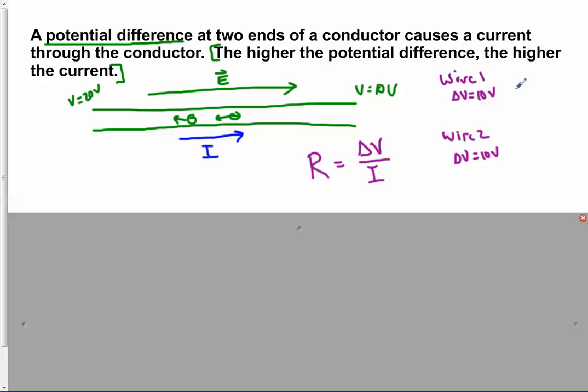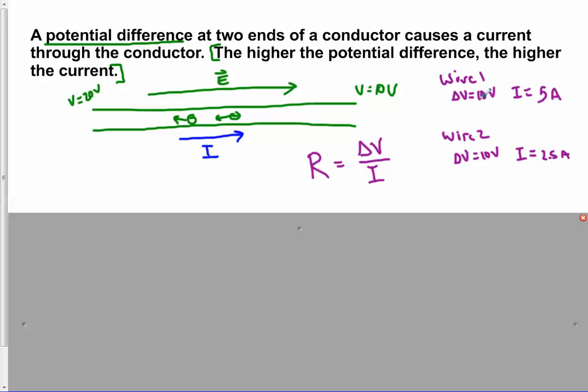And now let's say in wire 1 the resulting current that we get is 5 amps, whereas in wire 2 the resulting current we get is 2.5 amps. Okay, so there's something different between these two wires, because we gave them the same potential difference, but they gave us different currents.